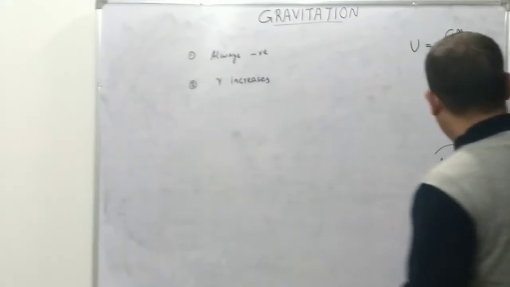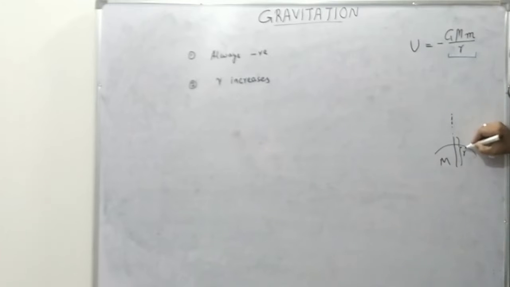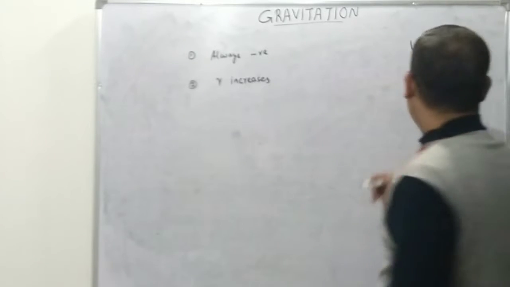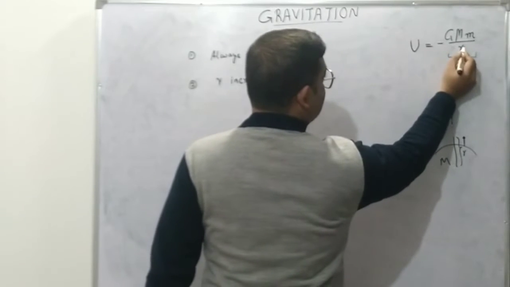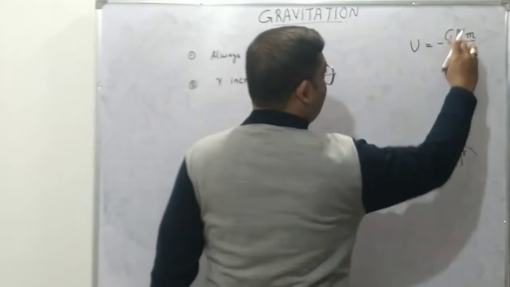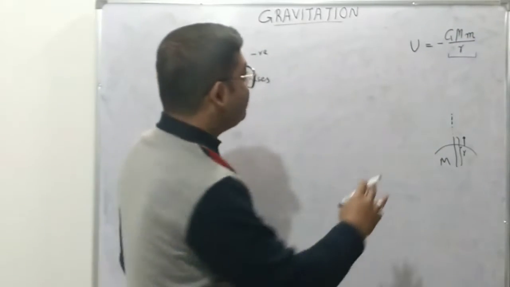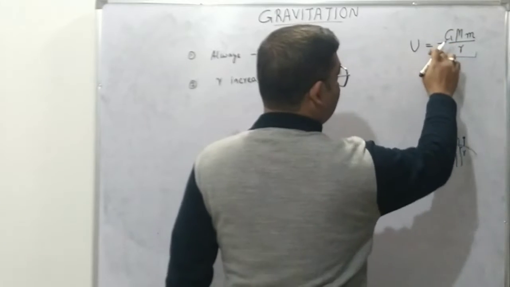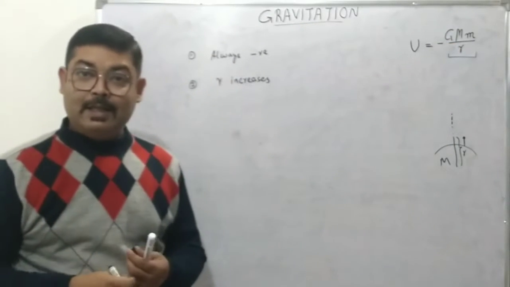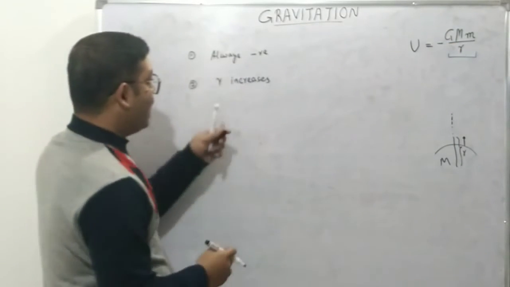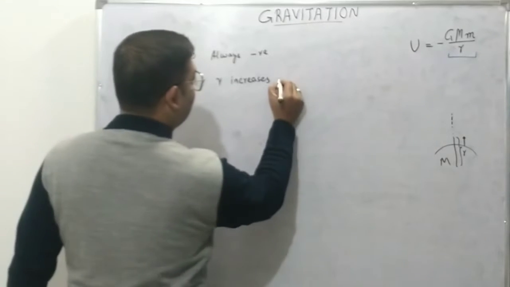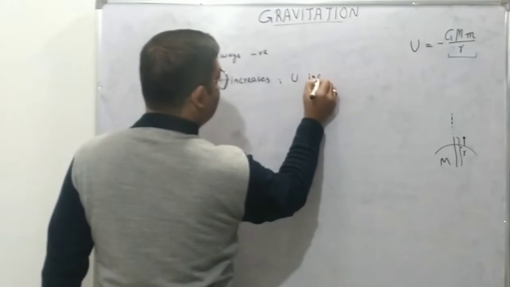As we take it further and further away, as r increases, what will happen? This term will increase. If this term increases, this fraction will decrease. If this fraction decreases, because of the negative sign, the value will be less negative, which means as r increases, U increases.